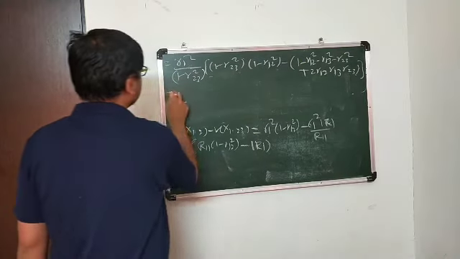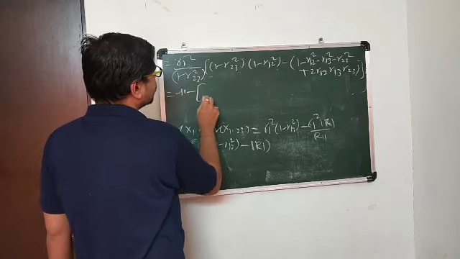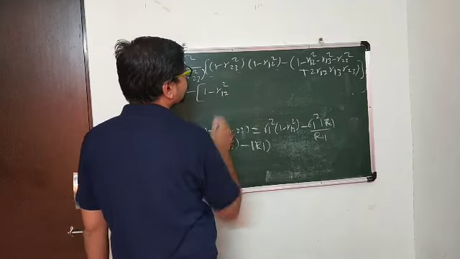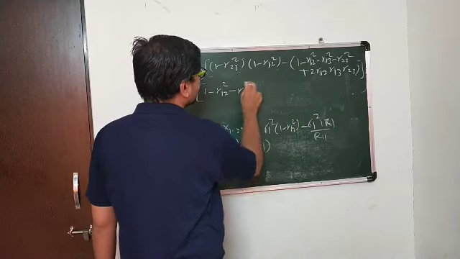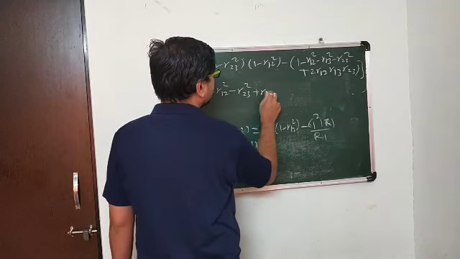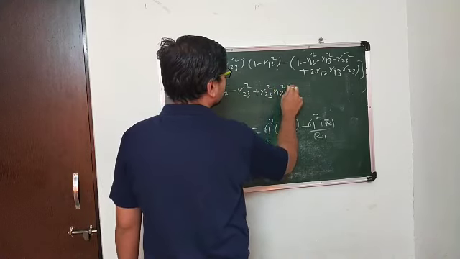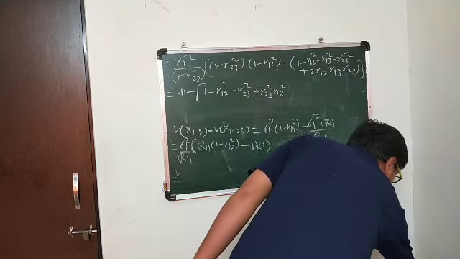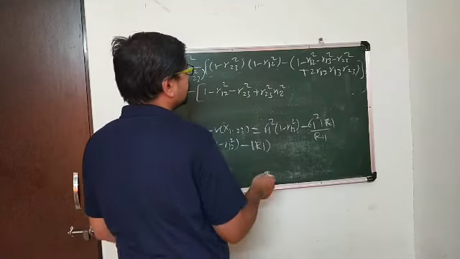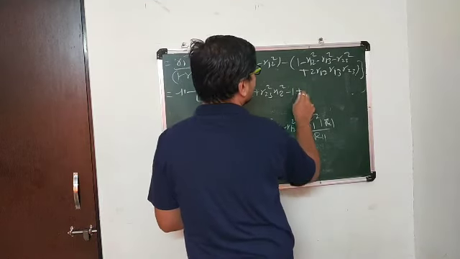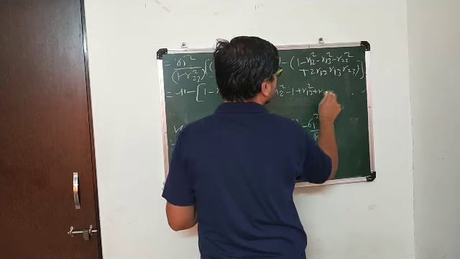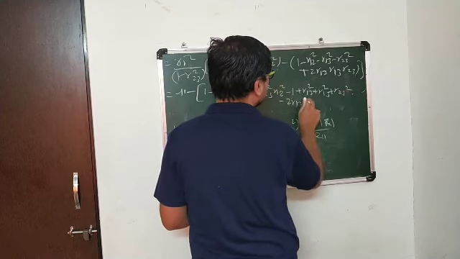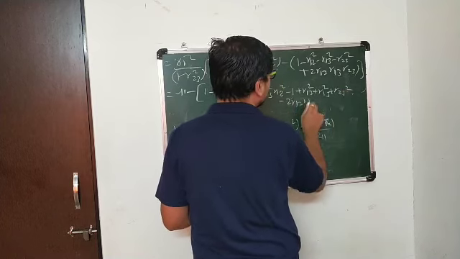Now multiplying both brackets: 1 minus r12 square minus r23 square plus r23 square r12 square, minus 1 plus r12 square plus r13 square plus r23 square minus 2 times r12 r13 r23.